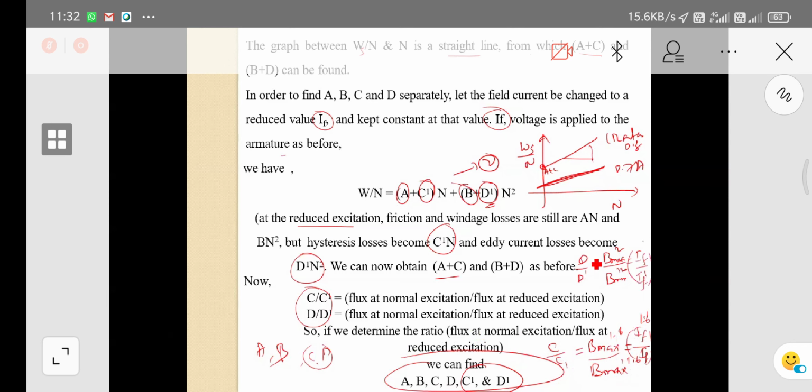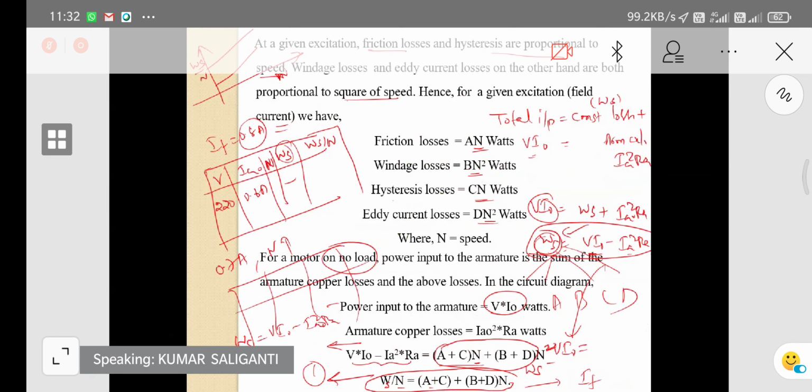D dash represents the eddy current losses here. These are the values.